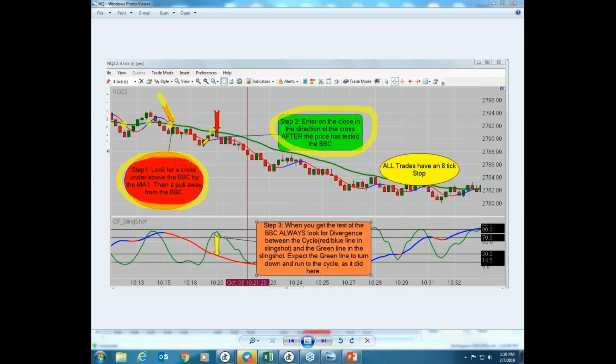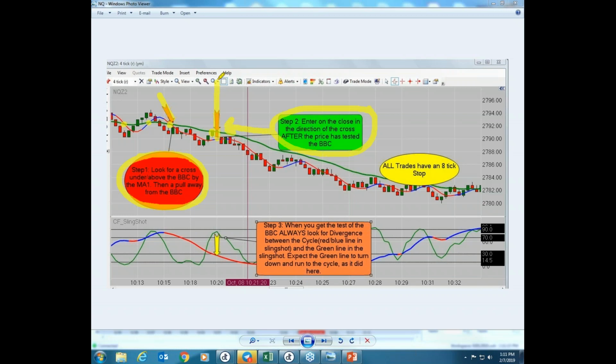That is what we're looking for. We're looking for the market to do the normal thing. So once it ultimately comes back and touches the green line like it does in this candle, and then closes in the direction of the trend, highlighted by this arrow, that is step number 2.